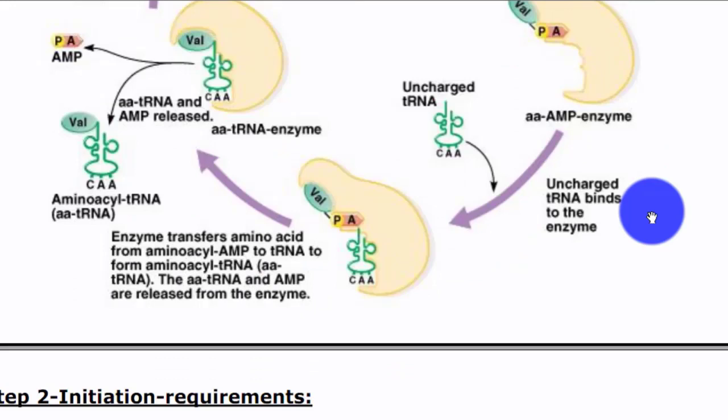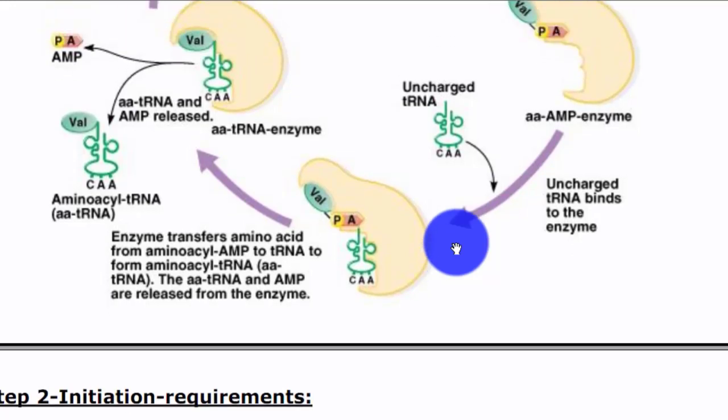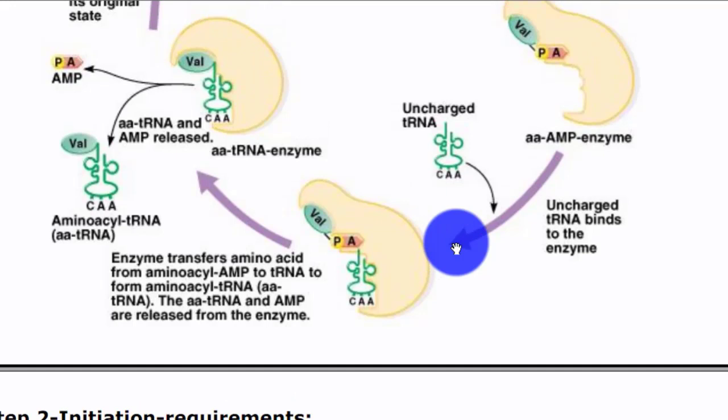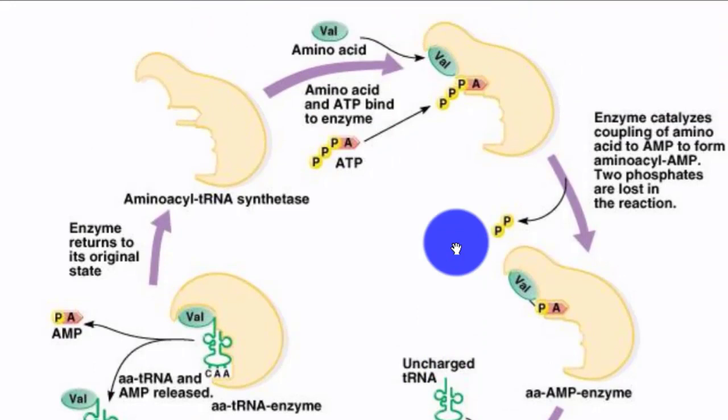Uncharged transfer RNA binds to the enzyme. The enzyme transfers the amino acid from aminoacyl AMP to transfer RNA to form aminoacyl transfer RNA, which is released from the enzyme. Aminoacyl transfer RNA synthetase, the amino acid and the ATP bind to the enzyme.